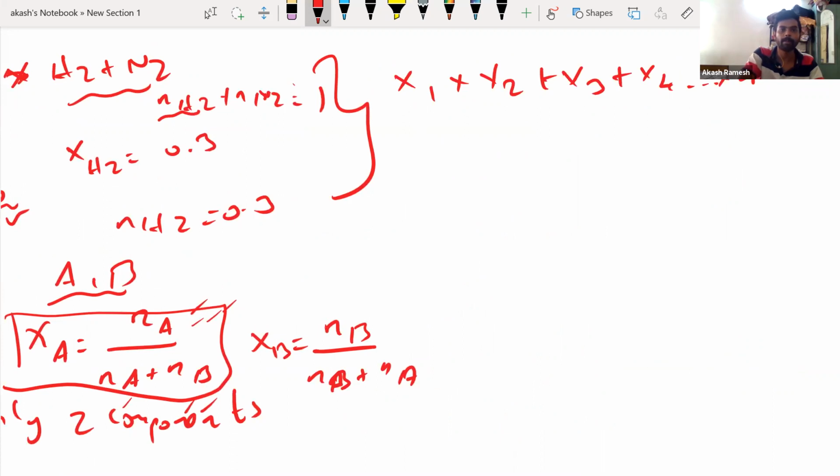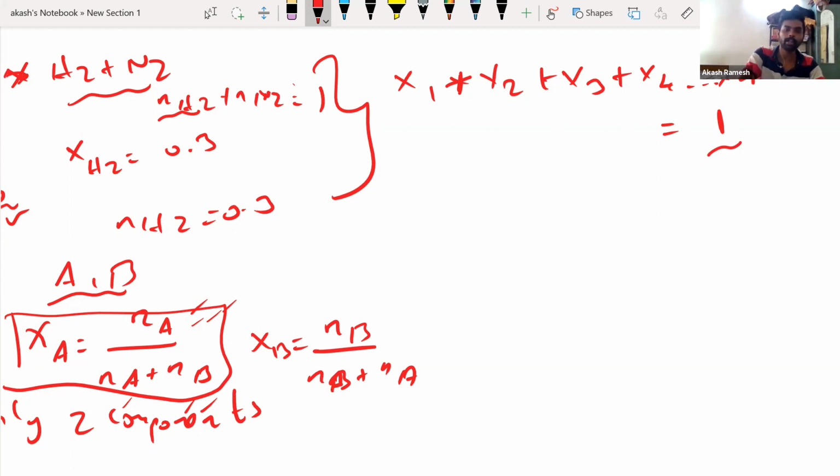If you sum up all the mole fractions, you should get the value of 1, because that is what the definition says. Total 1 mole, so obviously the total mole fraction should be equal to 1. It's like percentage: if I calculate everything in terms of percentage, it should be 100%. Just like that, total should be 1.